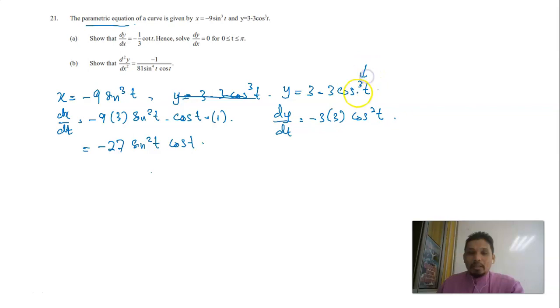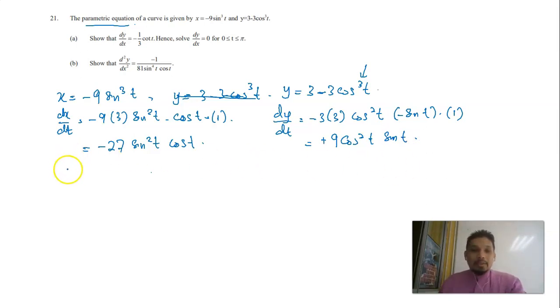We complete differentiating the power first, then differentiate the trigonometric function cos, it gives you negative sine t, and differentiate the 3t it gives you 1. So negative 3 times 3 equal to negative 9. Negative with negative comes out positive, 9 cos squared t sine t.